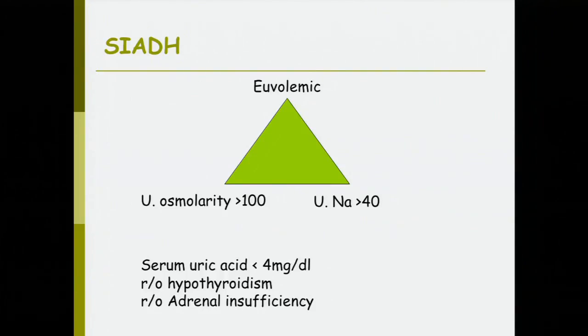We said euvolemic, urine osm more than 100, because that means ADH is active, and urine sodium more than 40. And serum uric acid is usually low at less than 4. And in these patients, you should also check a TSH and a random cortisol to rule out hypothyroidism or adrenal insufficiency. Okay? Because those two also have a very similar clinical scenario.